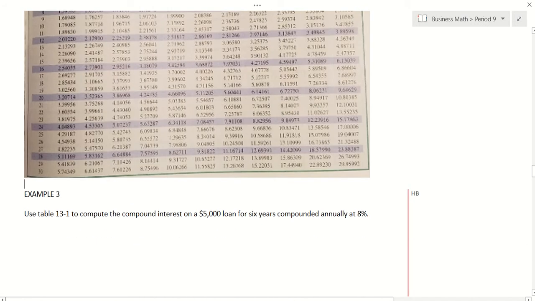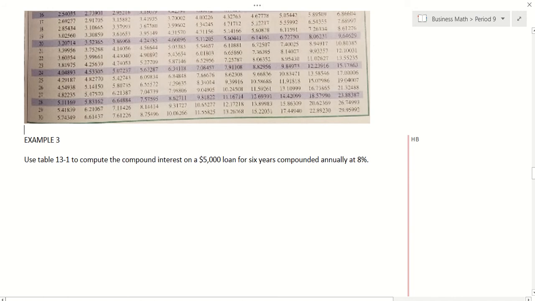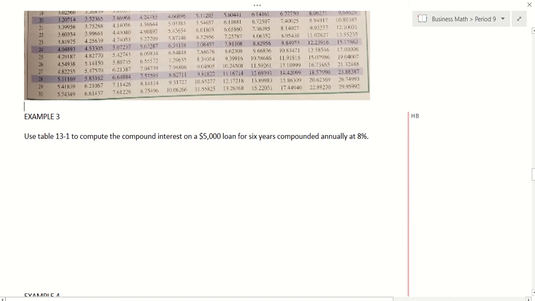It says use table 13.1 to compute the compound interest on a $5,000 loan for 6 years compounded annually at 8%. How do you start this? You must find your interest periods and figure this out for your interest rate.